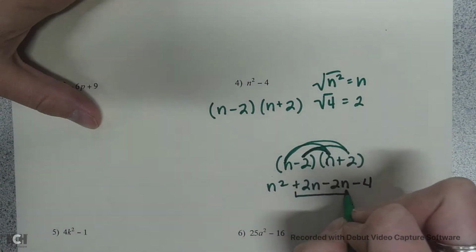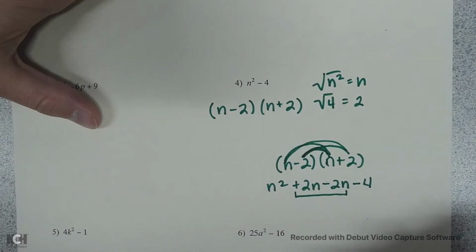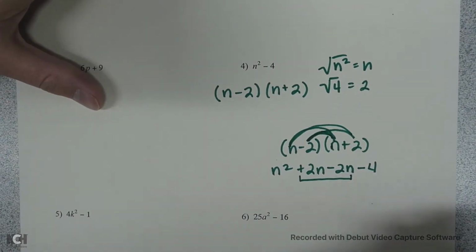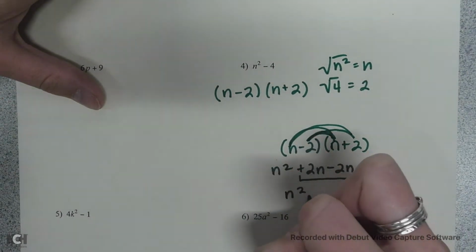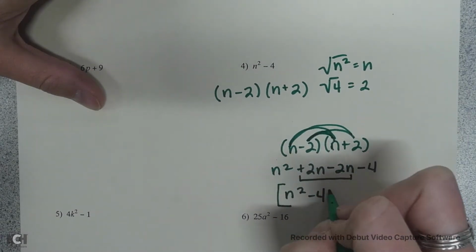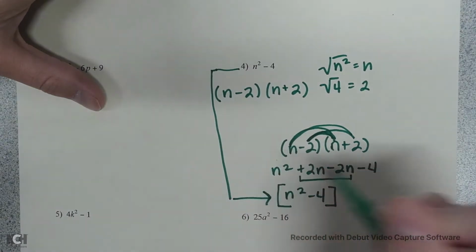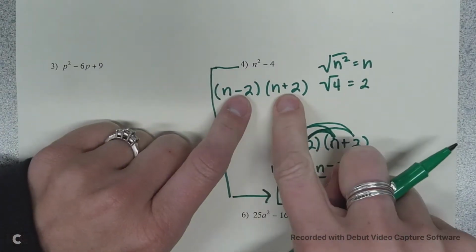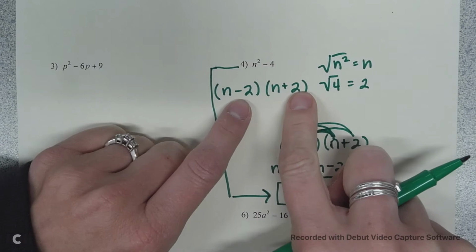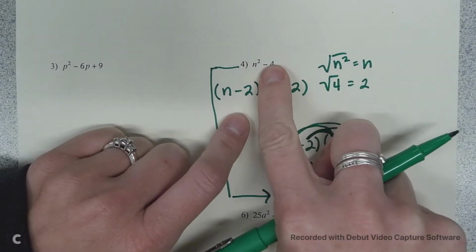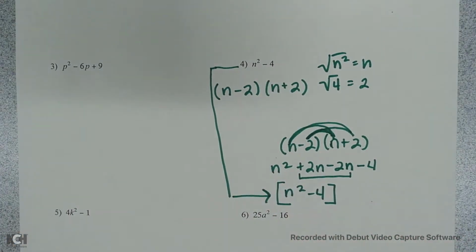Well, these middle terms make 0 because if you have 2 and you take 2 away, you get 0. So then your answer is going to be n squared minus 4, which is a difference of perfect squares, which is what we originally started with. Okay, so that's why you need 2 of them. You need 2 of them so that when you multiply your negative 2 and your 2, you get a negative 4, and so that the 2 middle terms will cancel out. Okay, so that should be the pattern.